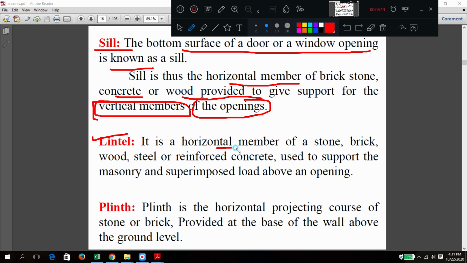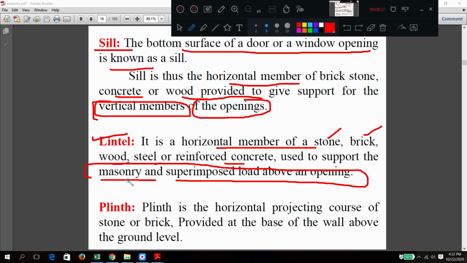Lintel is also a horizontal member made up of stone, brick, wood, steel, RCC, anything, used to support the superimposed load above the opening. Now come back to this diagram.